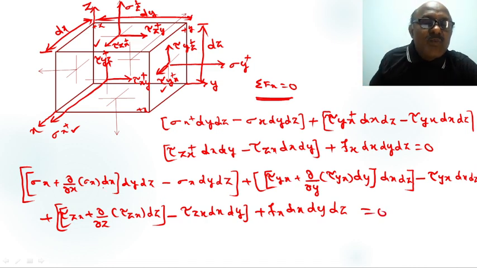After simplification, multiply dy dz for this term and this term, so this term and this term cancel out.